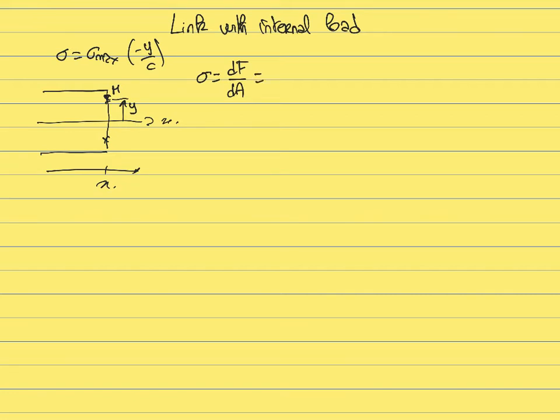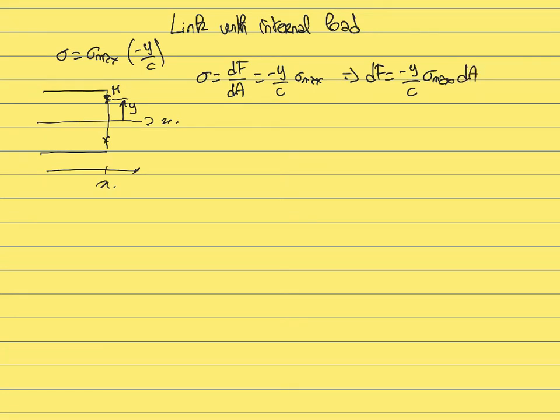And so since I know already that the stress is equal to minus y over c times the maximum stress sigma max, then I can calculate the small force that is applied by the right to the left at the point M. This small force is going to be equal to minus y divided by c times the maximum stress sigma max times dA, the infinitesimal surface.